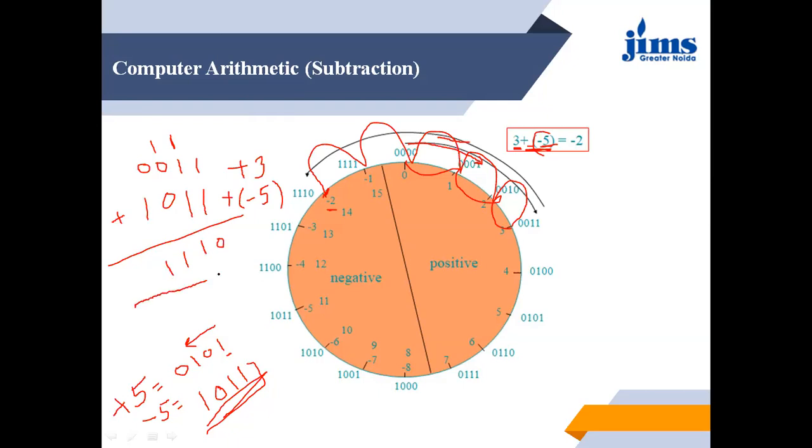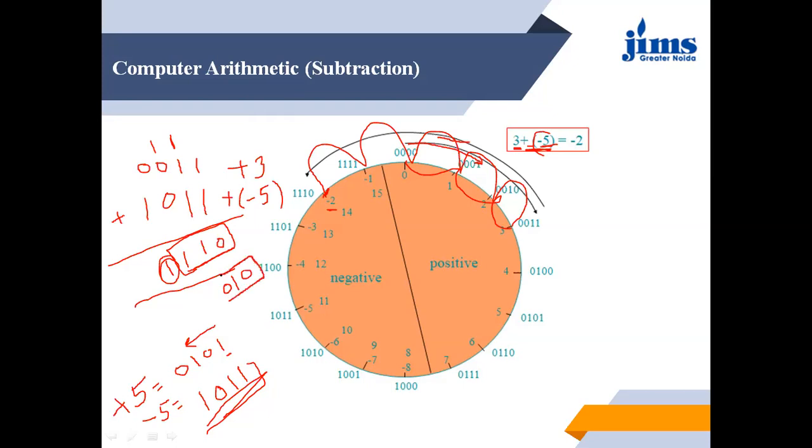From here we can see that this is a negative number, which means it is the 2's complement of the number whatever we have. So we have to take the 2's complement of this number to find the value. So we know that this is the 2's complement of 0, 1, 0, that is 2.